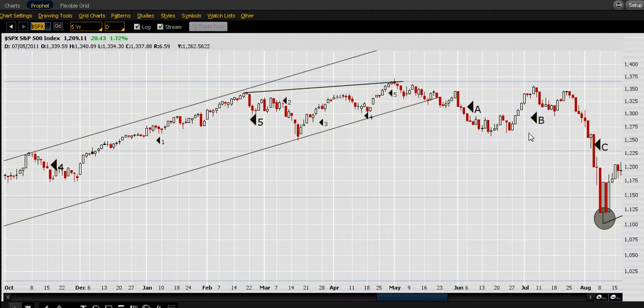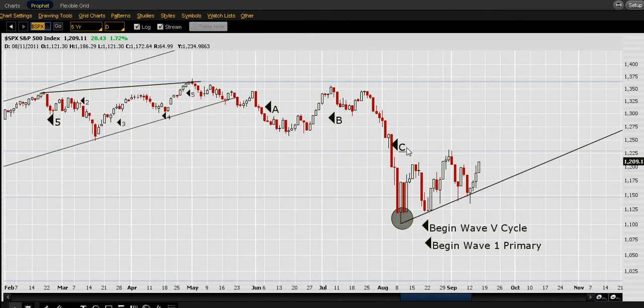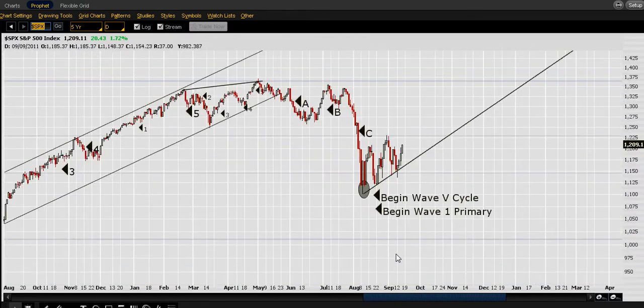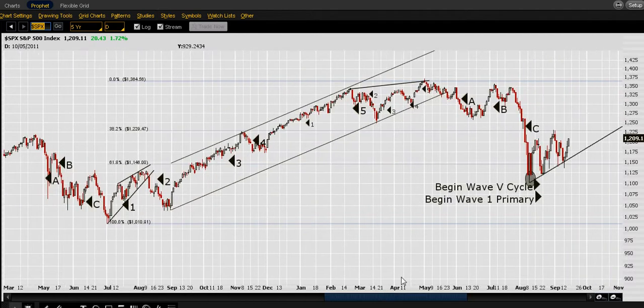Wave B is right here, a counter trend move, retraces most of the initial downswing. And then wave C, which is normally the wave that does most of the damage, occurs right here. Wave C ends at about 1100, just about the top of wave 1.